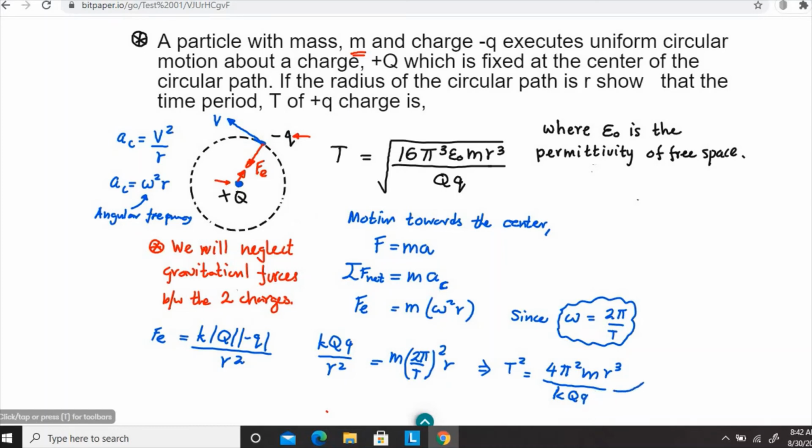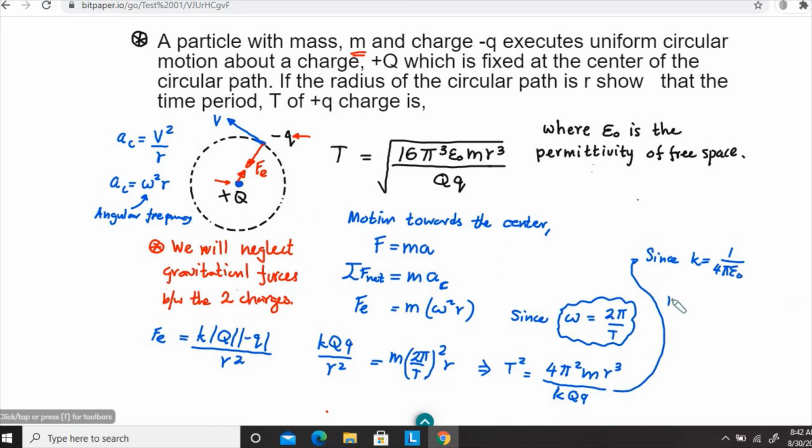Now I need to make one final substitution, since k is equal to 1 over 4 pi epsilon naught. I'm going to make that substitution. So in the denominator, if I write 1 over 4 pi epsilon naught, you can see the 4 pi epsilon naught term goes to the numerator.